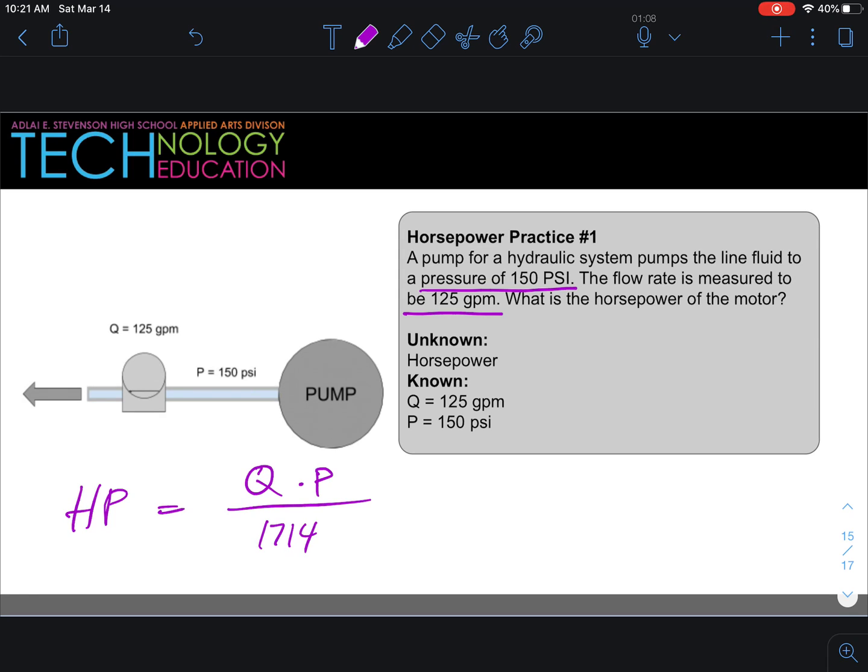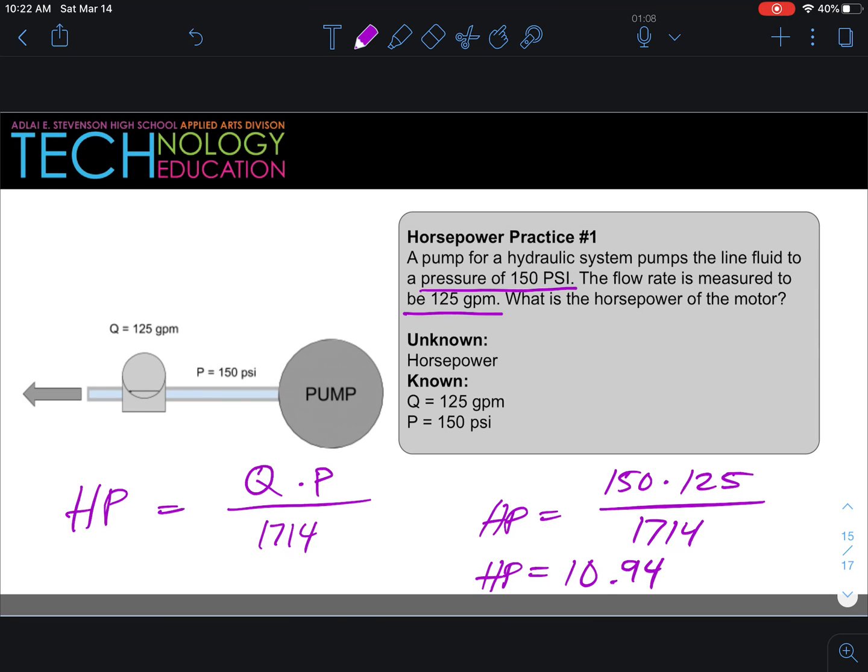So we already have all the information that we need to solve this. Horsepower is equal to 150 times 125 divided by 1714. We find horsepower to equal 10.94. That's our horsepower. Pretty straightforward, pretty simple and easy.